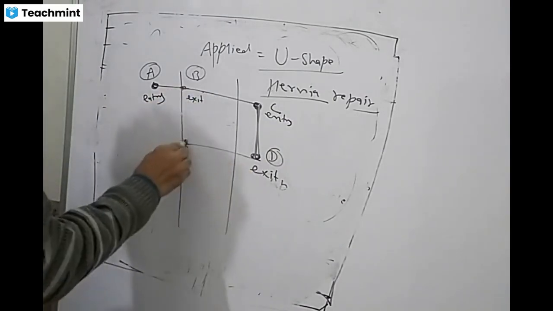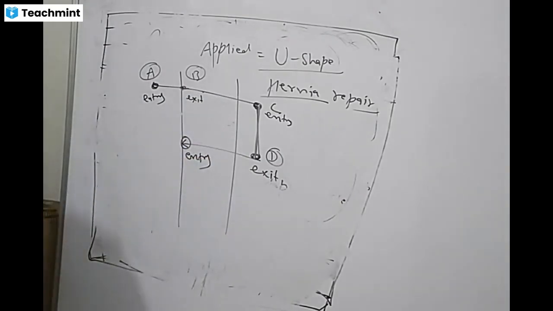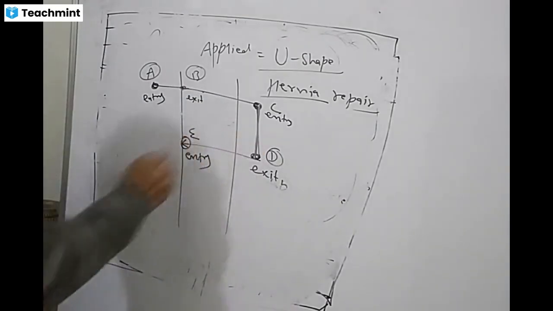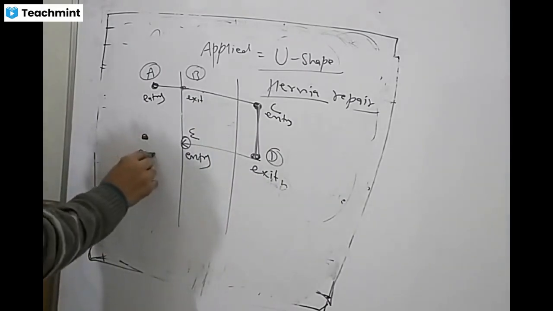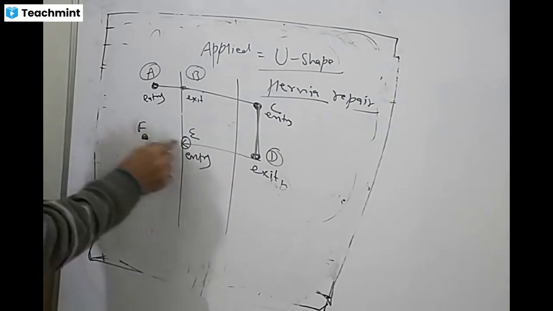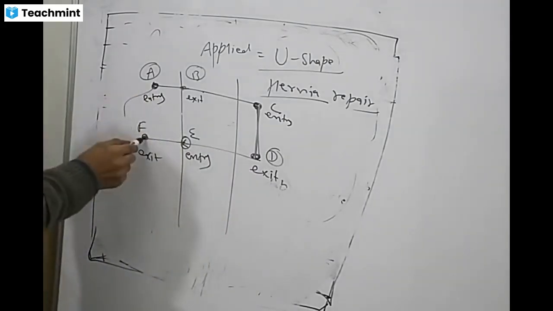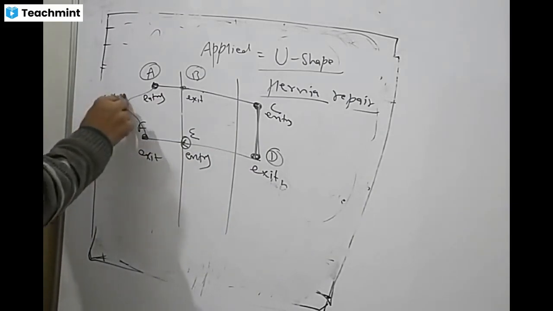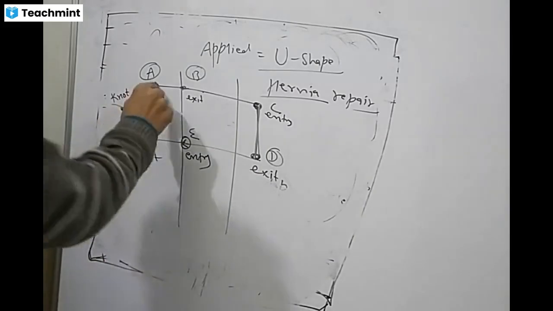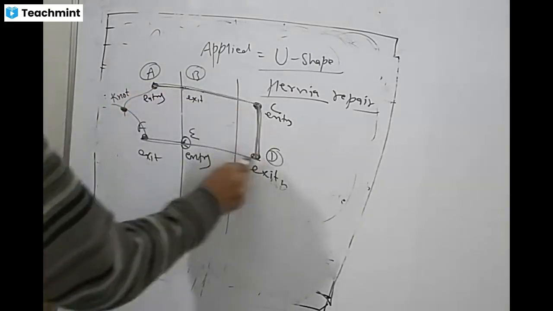Again, from this point, there is entry, point E. And finally, this is the exit point, F. And these two ends are tied with a knot. So this pattern is applied in U shape.